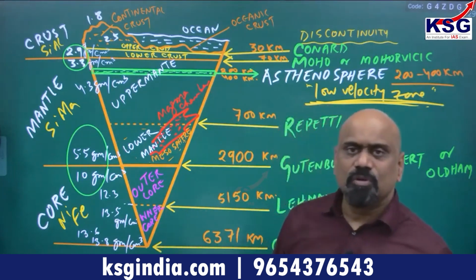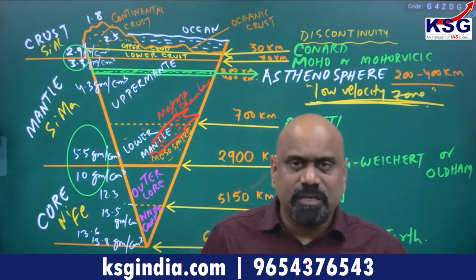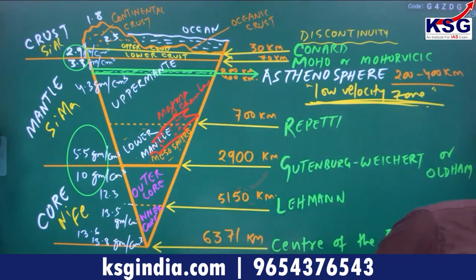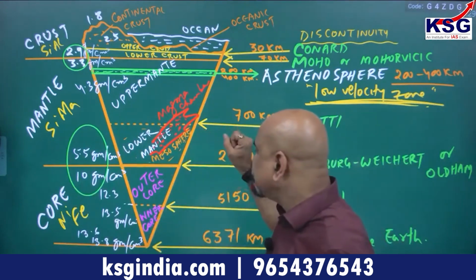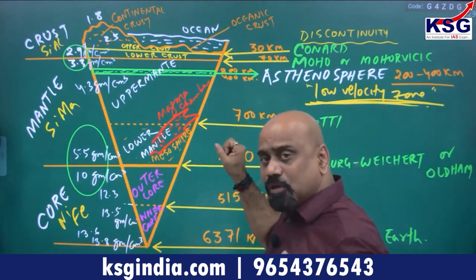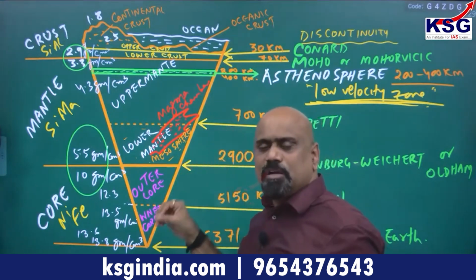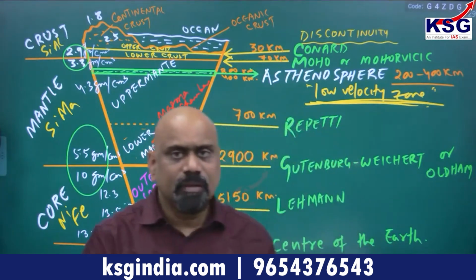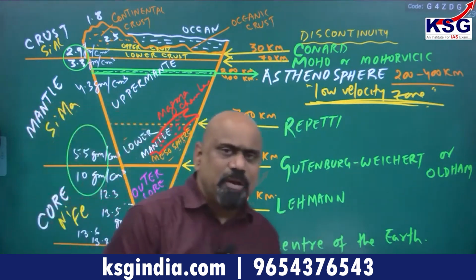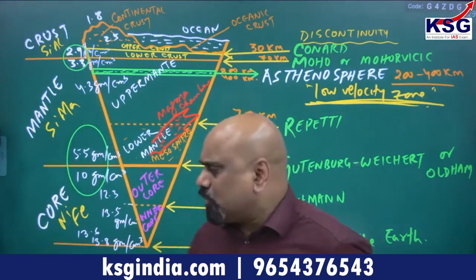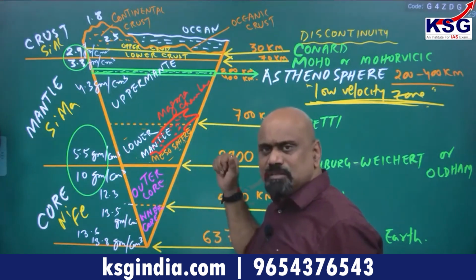Please note down about the core. Core is the innermost part of the earth interior. The outer core is liquid due to more impact of geothermal energy as compared to the inner core.